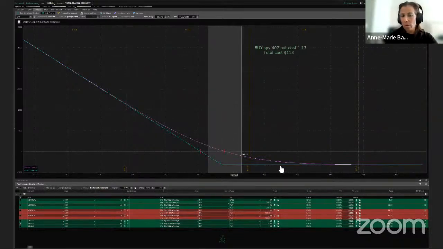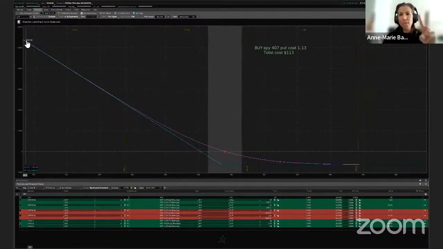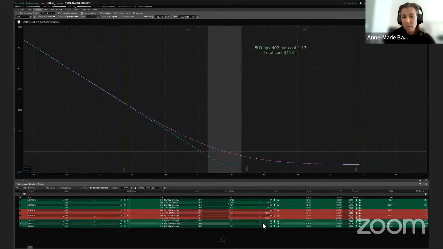And see how this flattens out? Your return is theoretically infinite, but your risk is defined because this put that costs $640, the 407, that's the most that you're ever going to lose.